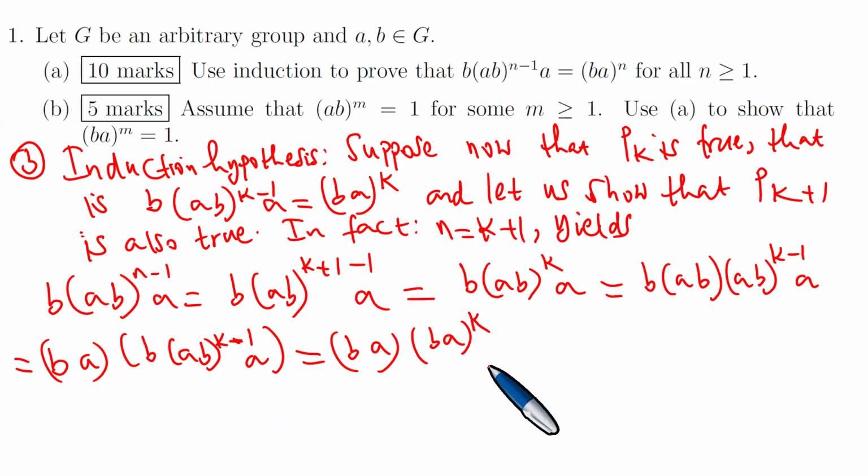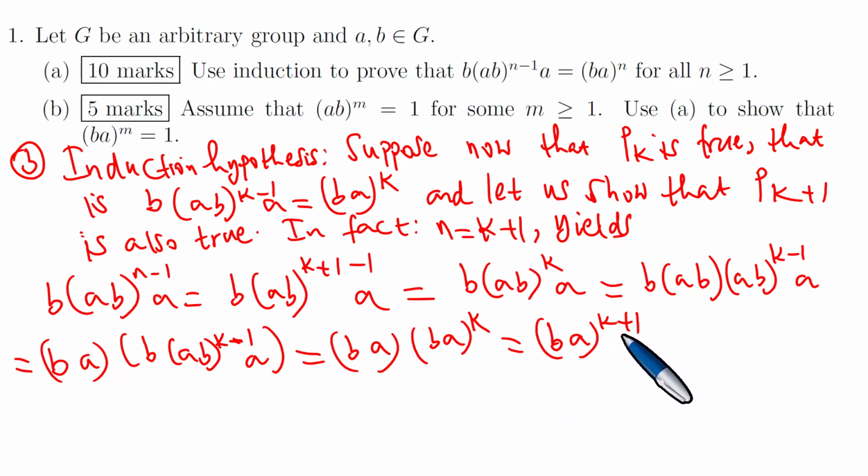Okay, we're good. And how far are we right now? It is exactly what we desire, because it is exactly (BA) to the power k plus 1. So we started with k plus 1 here, and we have k plus 1 there.